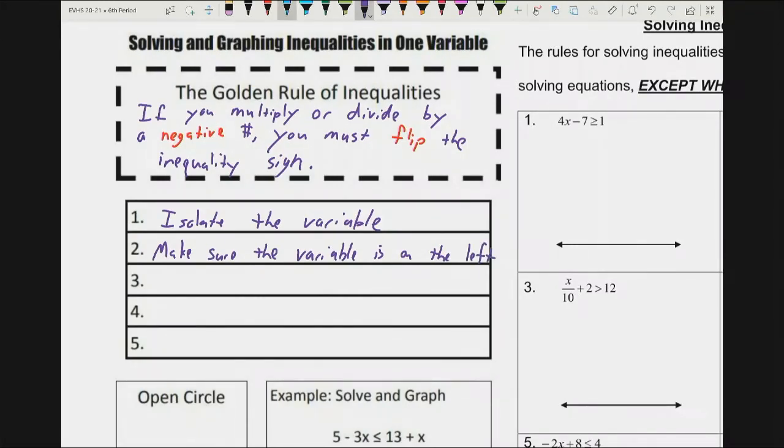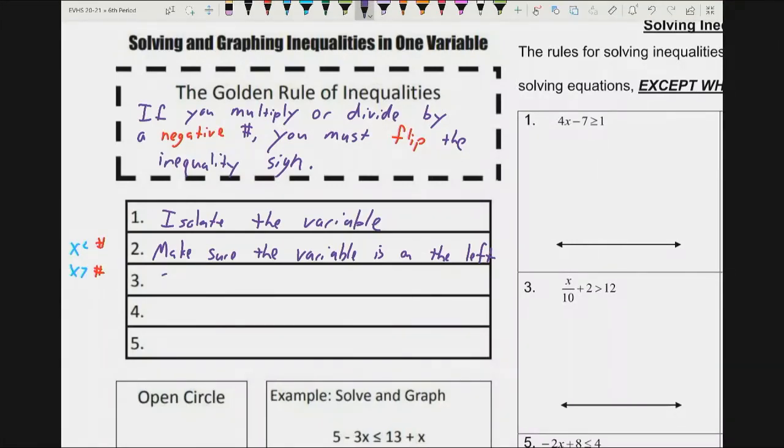And when I say that, I mean we want x is less than or x is greater than, not x on the right. Okay, so we want x is less than a number or x is greater than a number. The reason we do that, by the way, is to make all of our arrow pointing consistent, so we don't make mistakes on that.